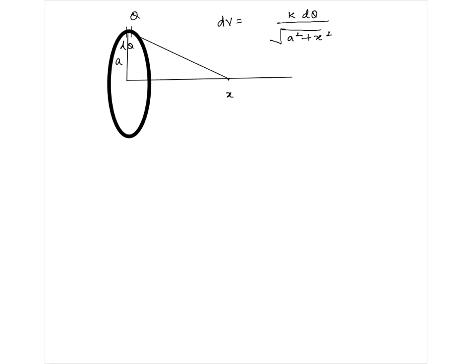In case of field, we could not integrate straight away. Field was vector. So that's a great advantage we have now. We are dealing with scalar.